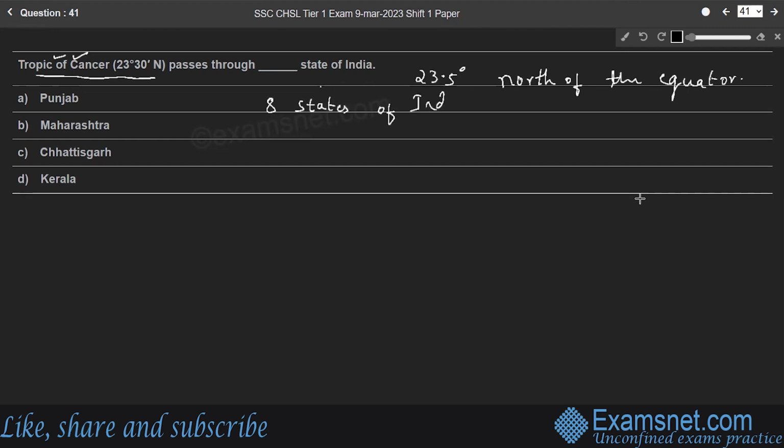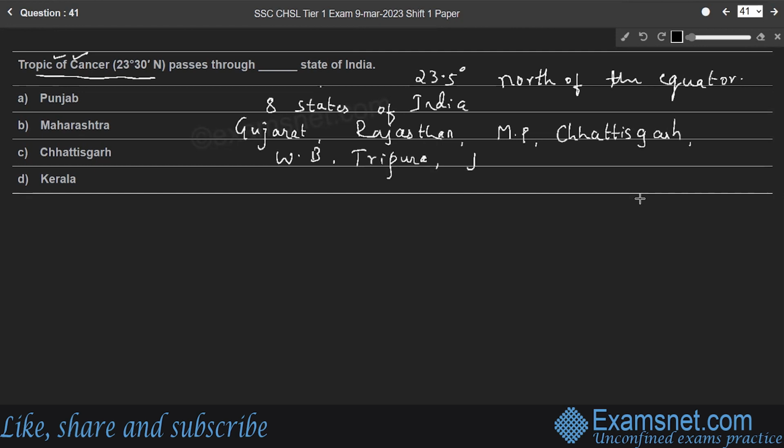The 8 states of India are namely Gujarat, Rajasthan, then Madhya Pradesh, Chhattisgarh, next West Bengal, Tripura, Jharkhand, and Mizoram.